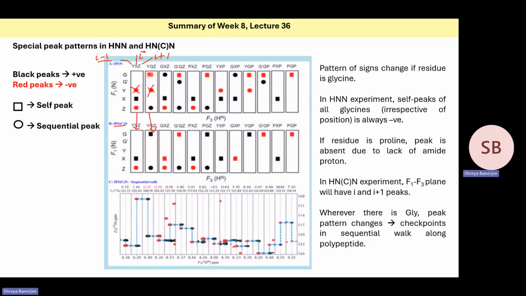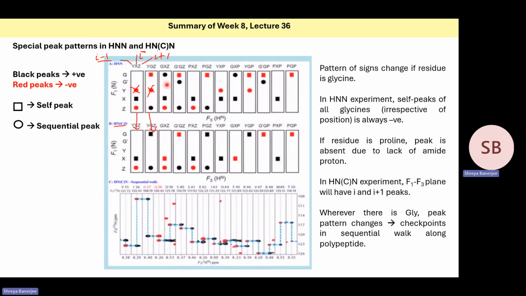Basically in HNN, when you had the YGZ peptide, you were able to see the two cross peaks. The self peak is negative and the two cross peaks, one is positive, one is negative. In HNCN, you will only have a cross peak with the I plus 1 residue. The cross peak is shown by the circle, and both the cross peak and the self peak in the YGZ HNCN experiment are positive.